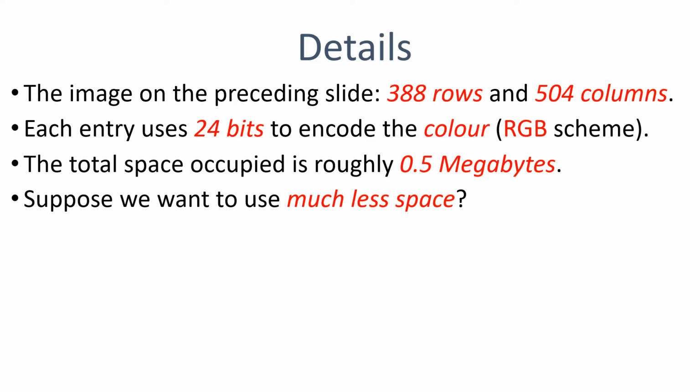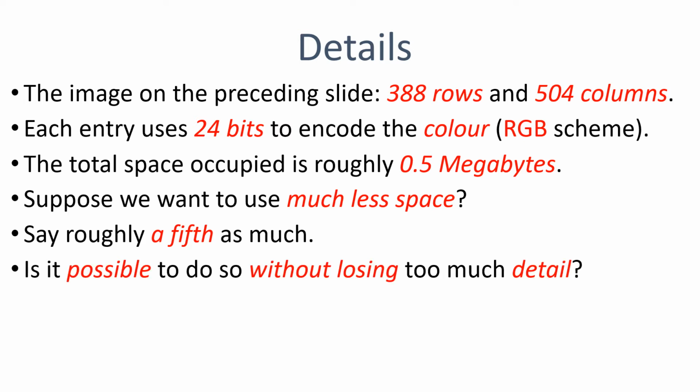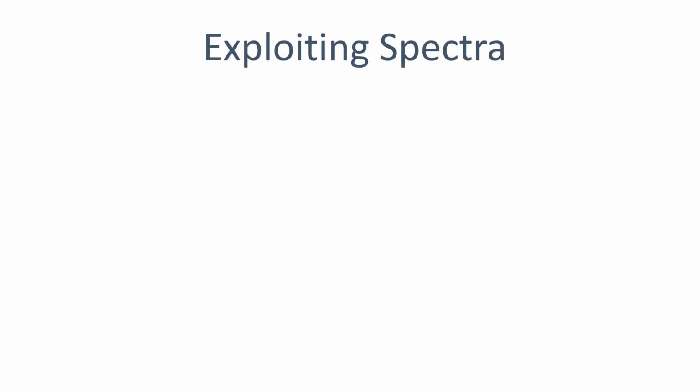Suppose we want to use much less space, say roughly a fifth as much, so taking a tenth of a megabyte rather than half a megabyte. Is it possible to do this without losing too much of the image quality, without losing too much detail?